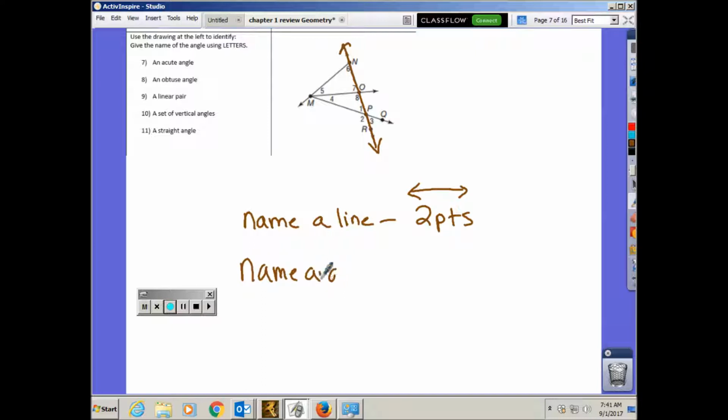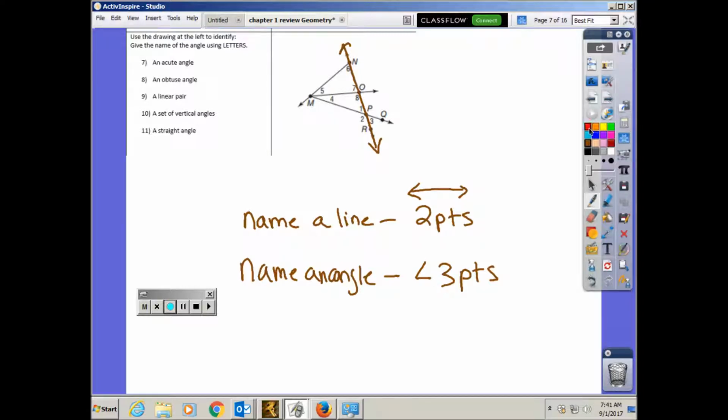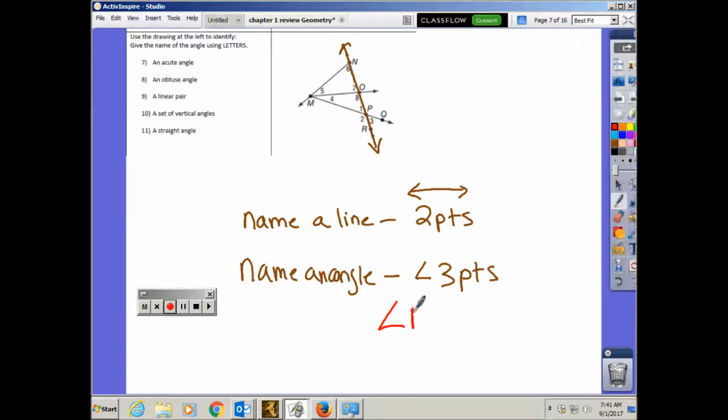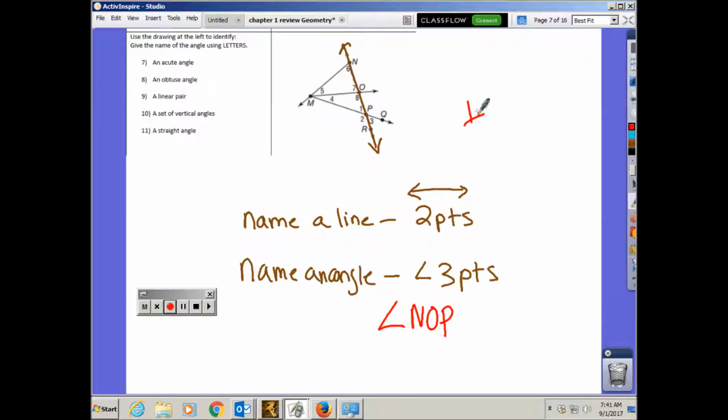When we name an angle, sorry for that bad handwriting, we use 3 points and we use the angle symbol. So this straight angle, I could call it angle NOP. If I were naming the line, I would only use 2 letters and I would use the symbol over it.